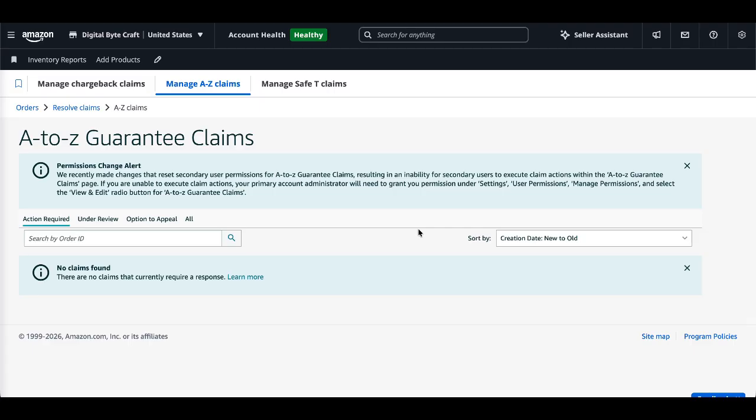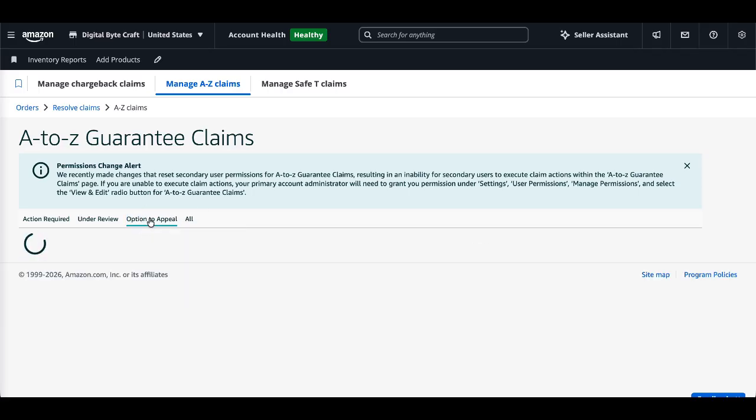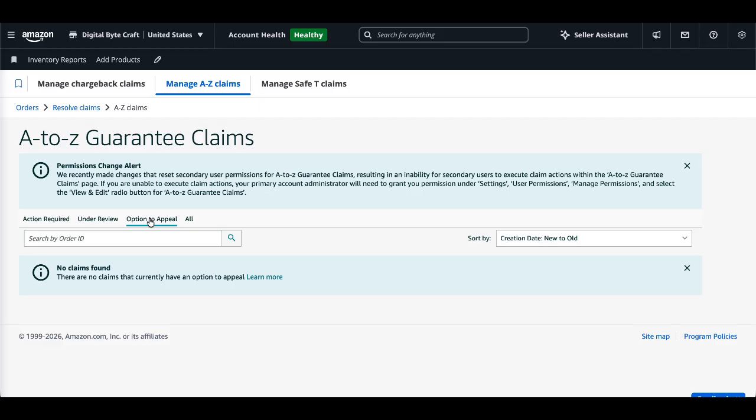Now to manage A to Z claims, you have an option here. You would be shown all the claims here: those requiring action, those under review, those where you have the option to appeal, and all at once. For the option to appeal, always go and appeal your case.